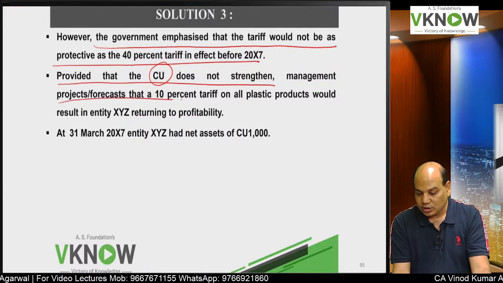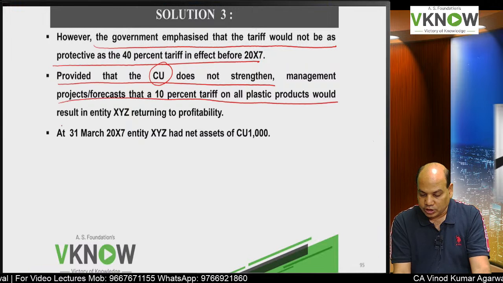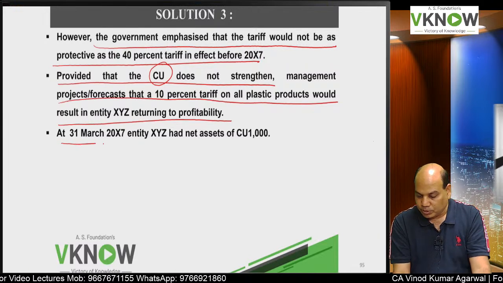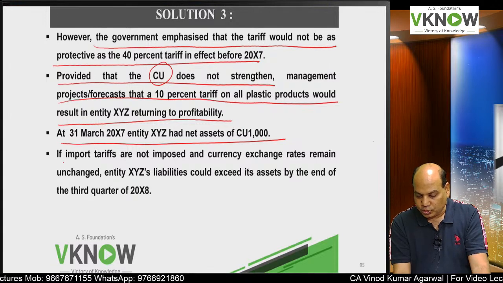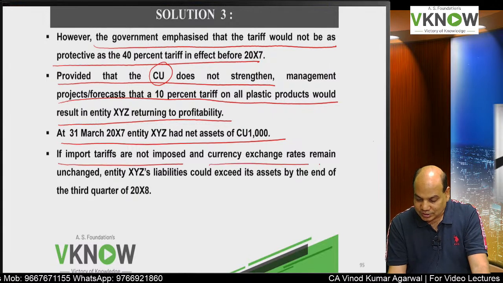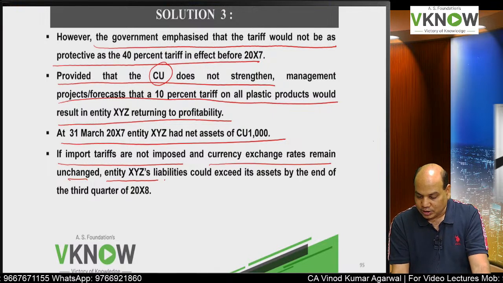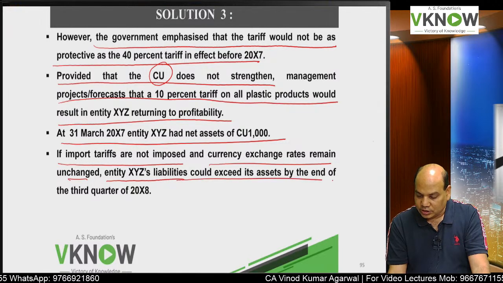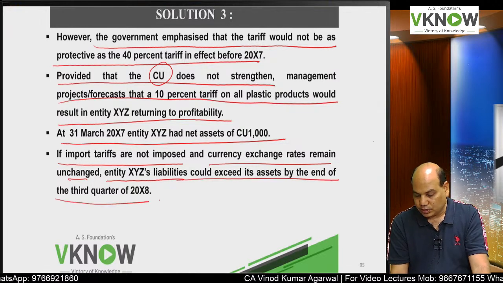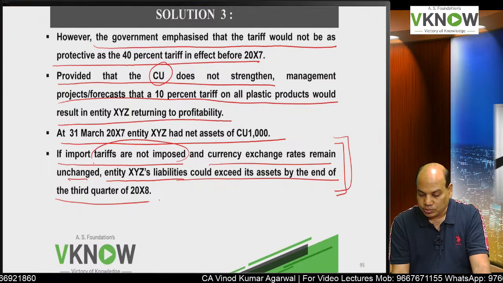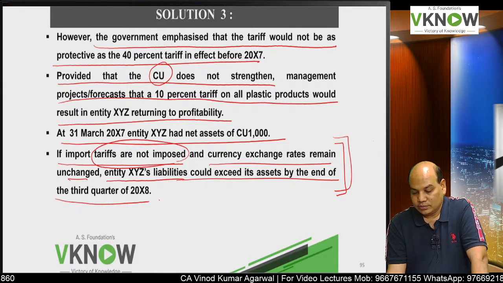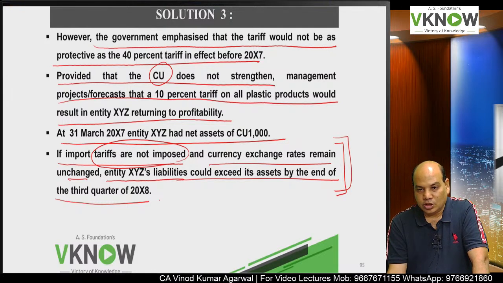Management projects that a 10% tariff would return the entity to profitability, plus they also have a net asset of 1000. If import tariffs are not imposed and the currency remains stable, entity XYZ's liabilities could exceed its assets by the end of the third quarter of 2008. But at the same time, they have also mentioned, suppose the government does not impose the tariff, because the government is ultimately the government, right?